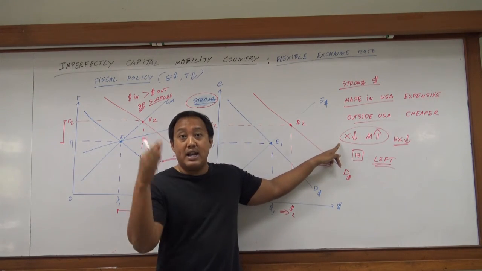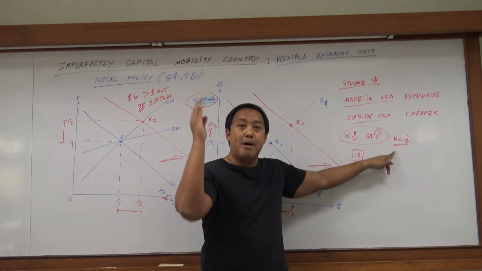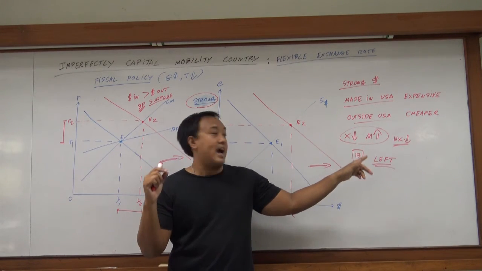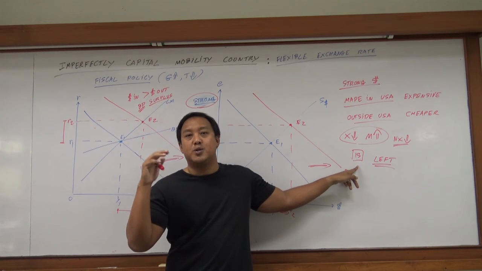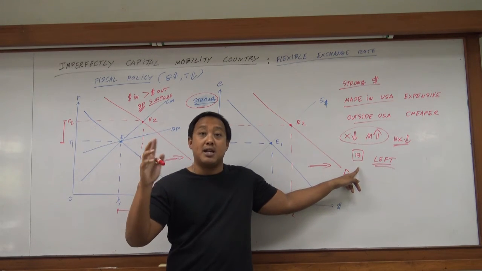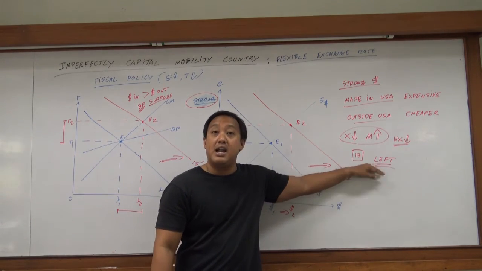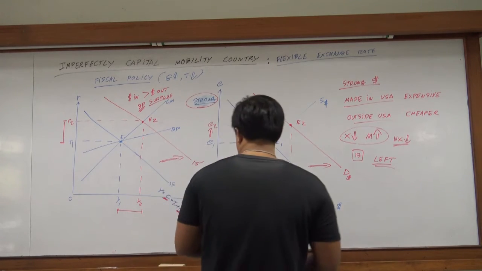Export less, import more, then net export is reduced, and NX is inside the IS curve. Remember, the IS curve comes from the equation Y = C + I + G + NX. When NX is reduced, the IS curve is going to shift to the left. This is the first effect.